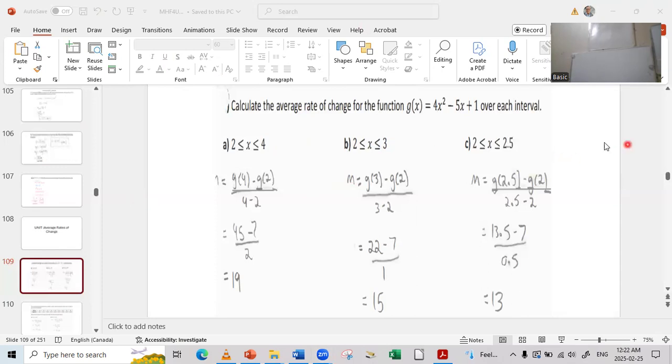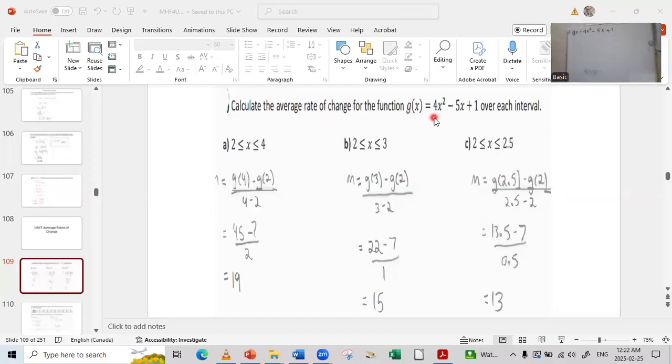Let's now go and see the examples here. The first example: calculate the average rate of change in the function g(x). So I will take it right now on the board. g(x) will equal 4x squared minus 5x plus 1.